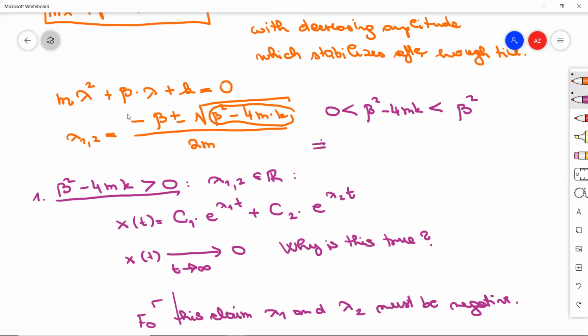And that's why the square root of beta squared minus 4mk will be smaller than beta and bigger than 0. So we see that the numerator will be negative, and both eigenvalues will be negative. Yeah, that's a good observation.